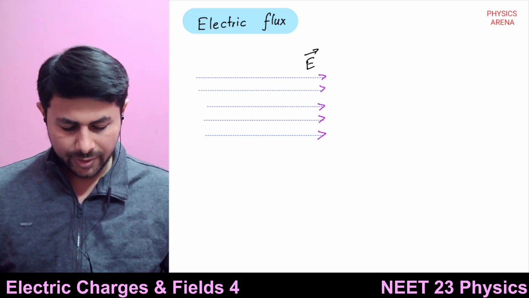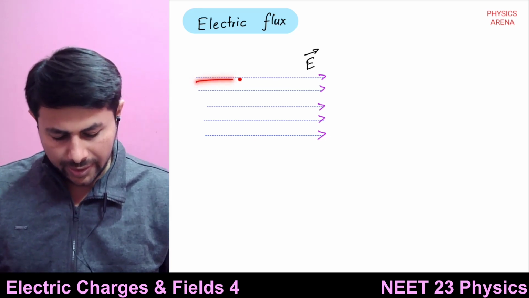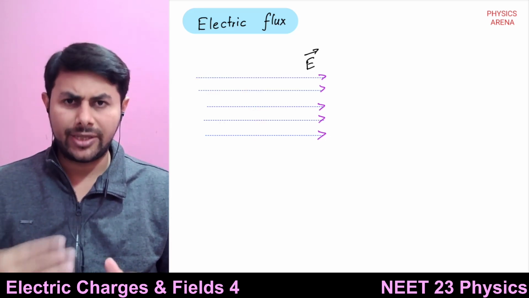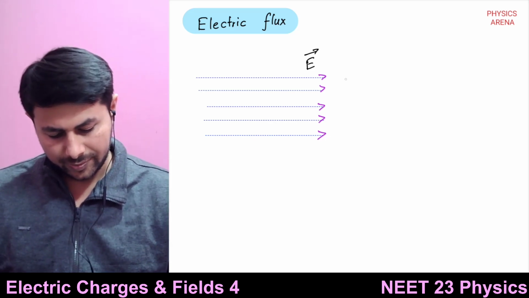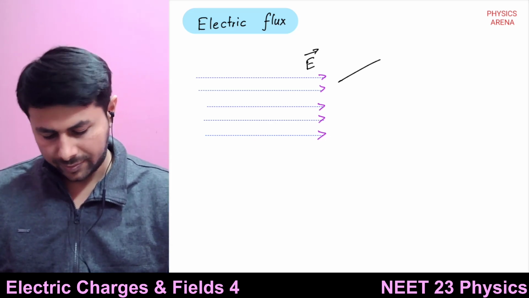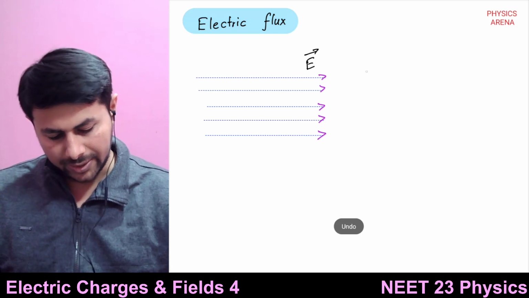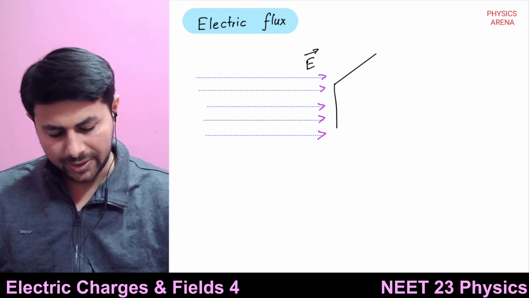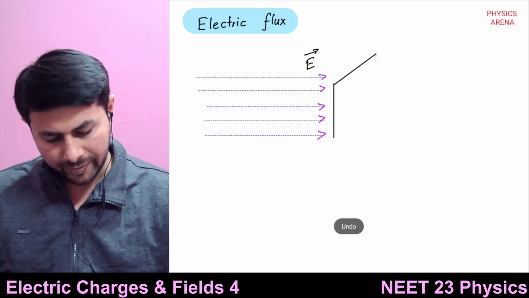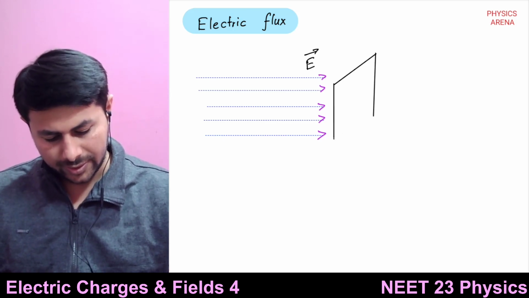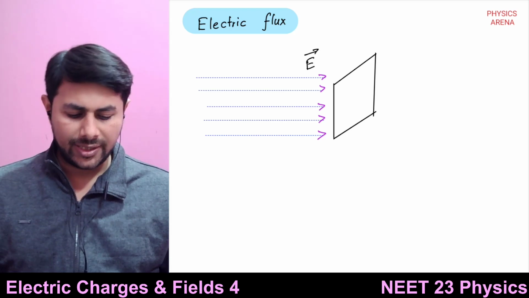And now these electric field lines, suppose they pass through some surface. So let's consider a surface like this, a rectangular surface which is kept like this. So imagine this. This is kind of a 3D diagram.